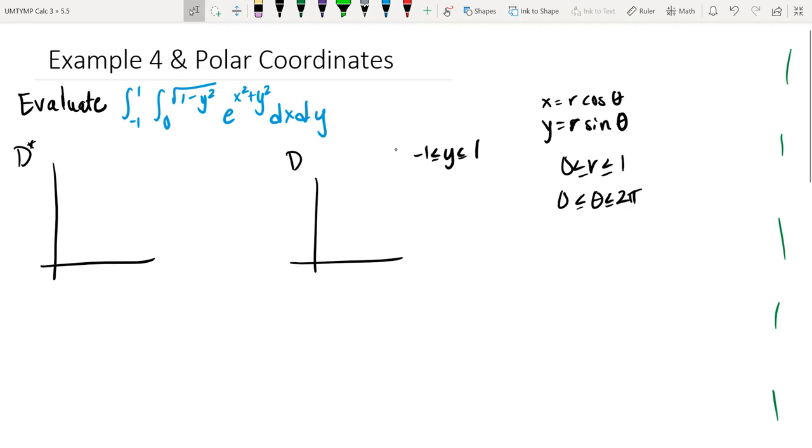And then x is going to be between 0 and, well, really x squared is going to be between 0 and 1 minus y squared, or put differently, between 0 and 1 if you're looking at x squared plus y squared. So that's really just going to give us that condition ultimately.